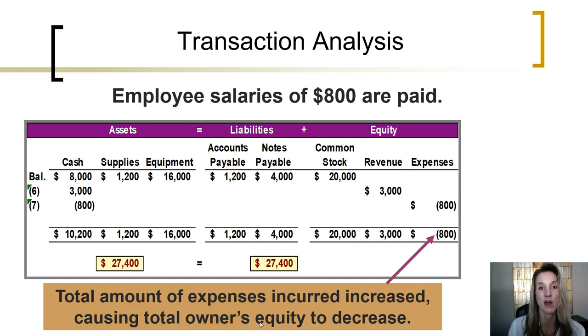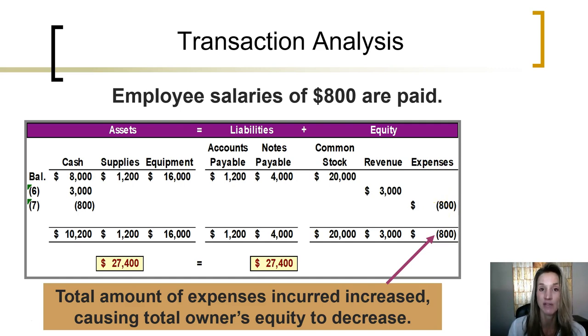In this transaction, employee salaries of $800 are paid. Employee salaries are an expense to the business. They are a cost of operating. Because cash was used to pay those salaries, we need to decrease cash, and we need to record the amount of expenses or costs that were incurred. Recall that expenses are an equity account. We are going to record an increase to the expense account.